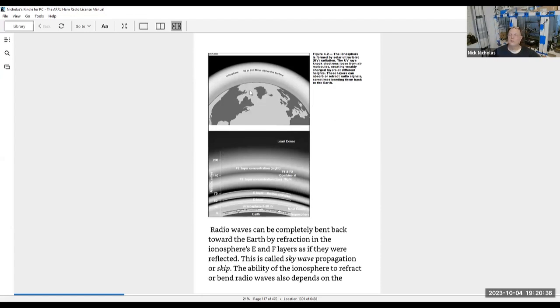And we can bounce signals all over the world. The question is, how do we get them there? Well, I'm going to tell you. If it bounces up, comes down, it can bounce off the earth, go back up, come back down, bounce off the earth, come back down. It can make multiple hops, and that is multiple skip.